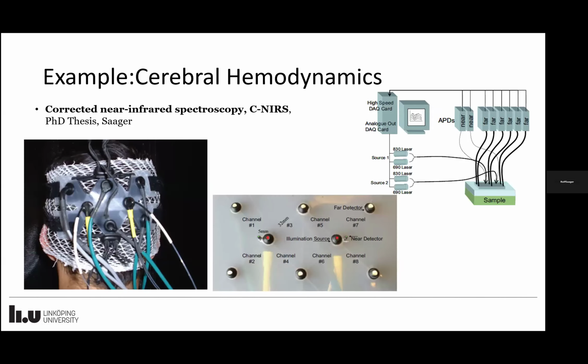So, in a more practical sense is cerebral hemodynamics. Of course, I refer to what I know best, which is really just my own work, so I apologize in advance. This is what we were doing, looking at multi-distance configurations, and again really exploiting this idea of different fiber separations to look at different volumes. When you look at cerebral hemodynamics in a probe-based system, you're always going through the scalp and the skull in order to reach the brain.